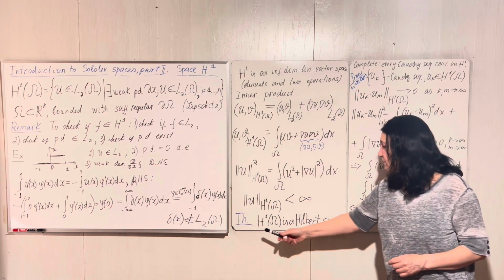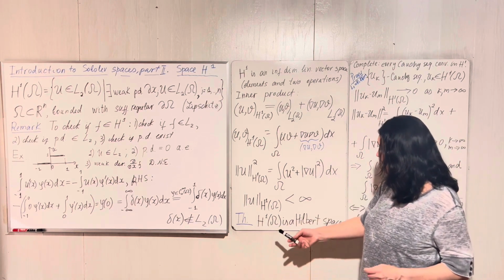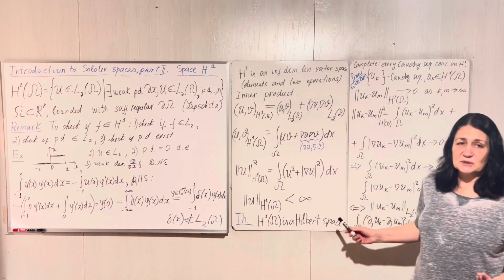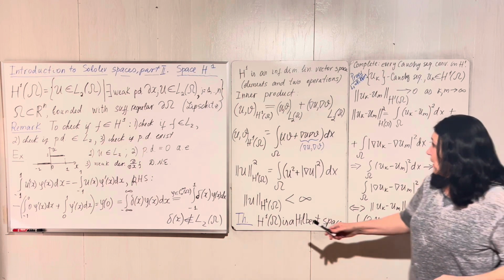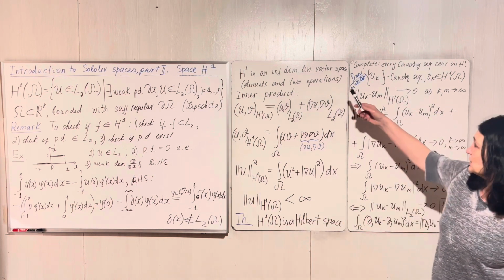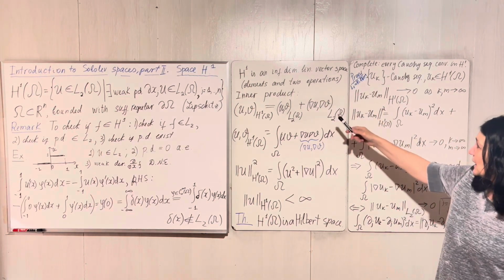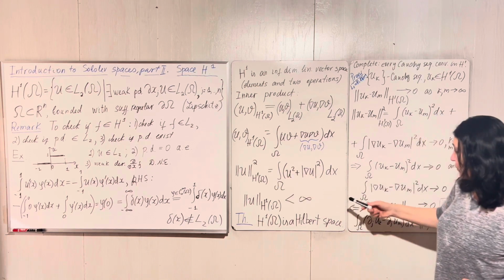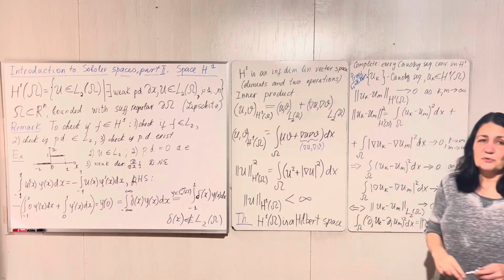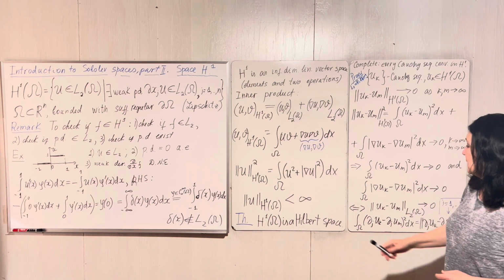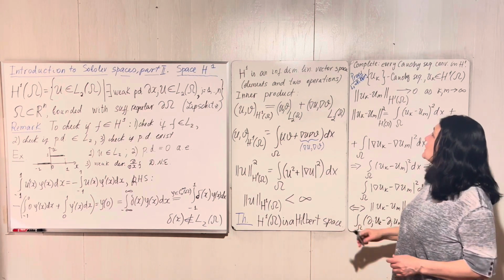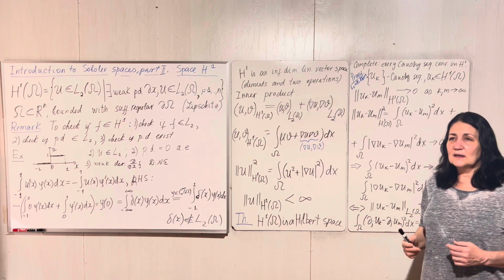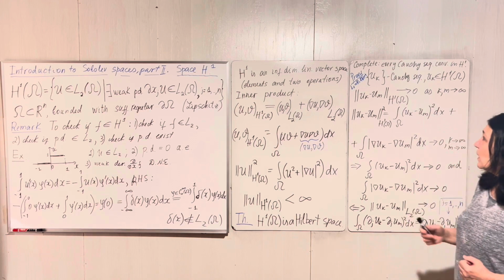And the next statement is a theorem that H1 is a Hilbert space. Since we've already mentioned that it's a vector space, and we mentioned the inner product and the norm, what do we need to prove? We need to prove that this is a complete space, so that every Cauchy sequence converges to an element which belongs to H1.